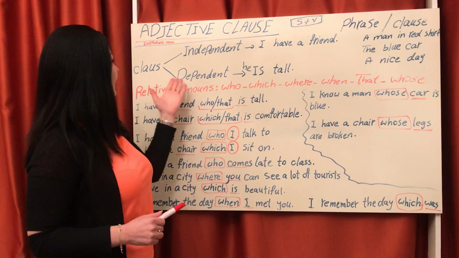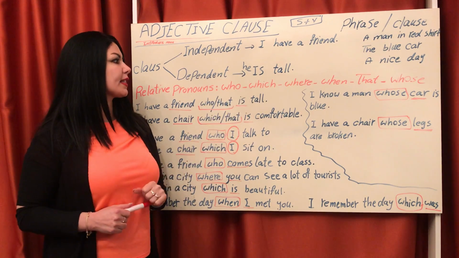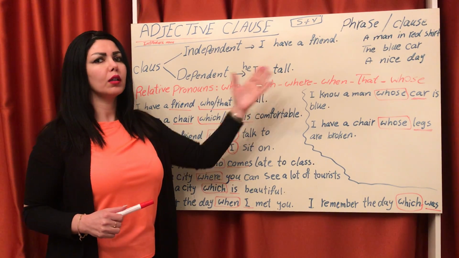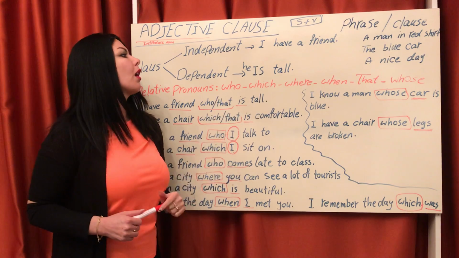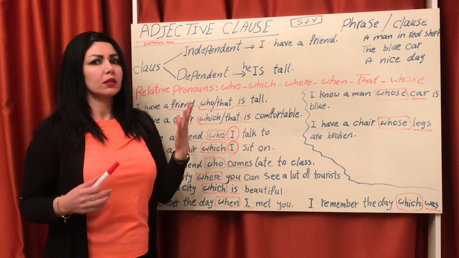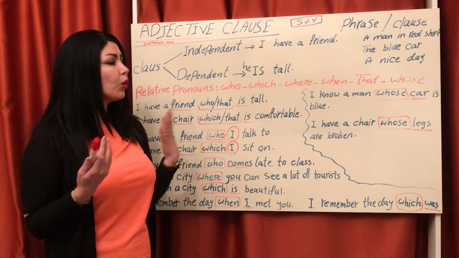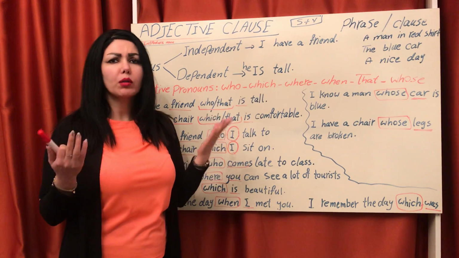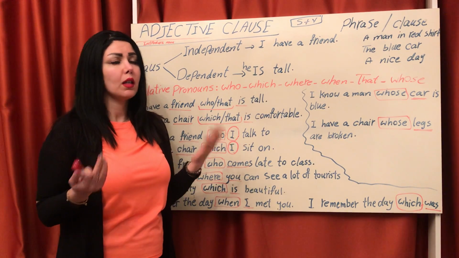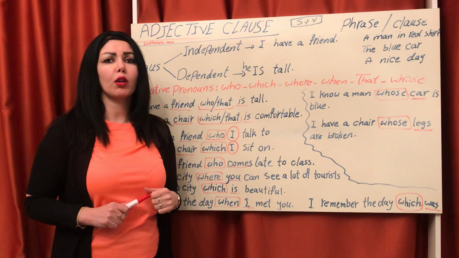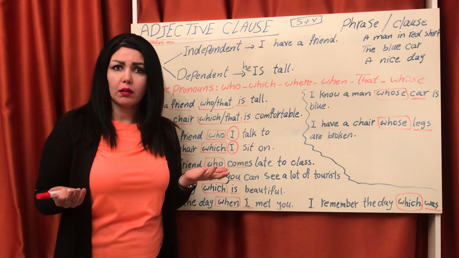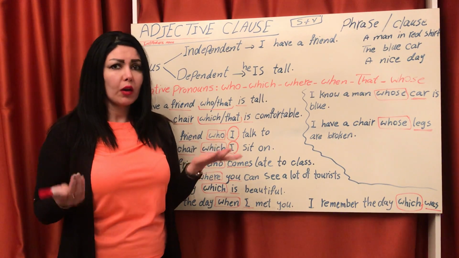But here, dependent. For example, I say, he is tall. This is not a complete sentence. We don't understand who we speak about. Who is tall? I say, for example, he is tall. You ask me, who is tall? You speak about who. Okay?